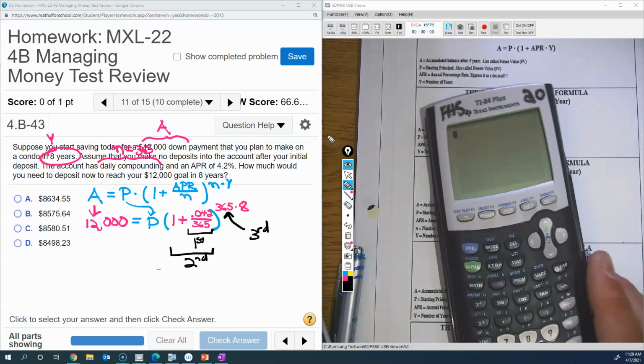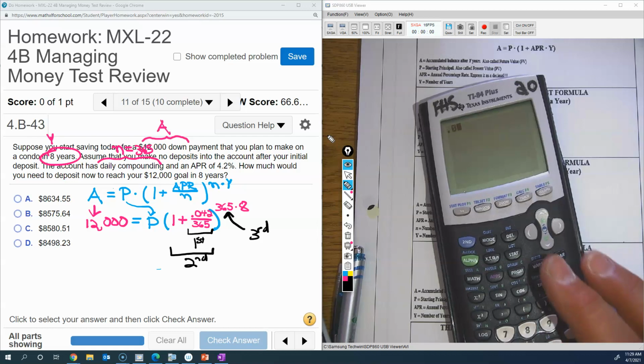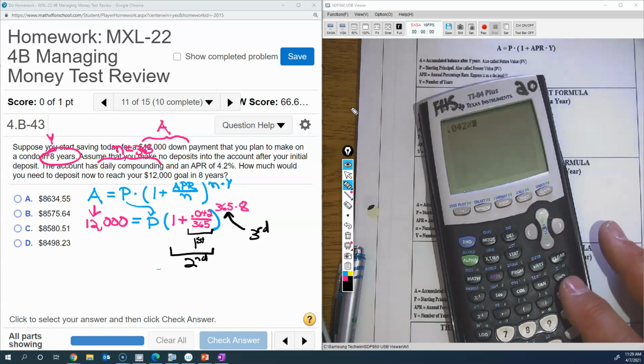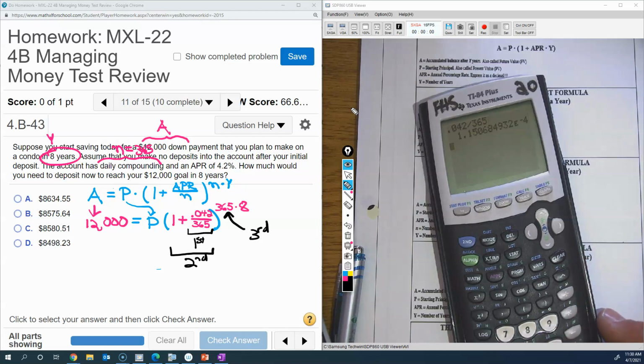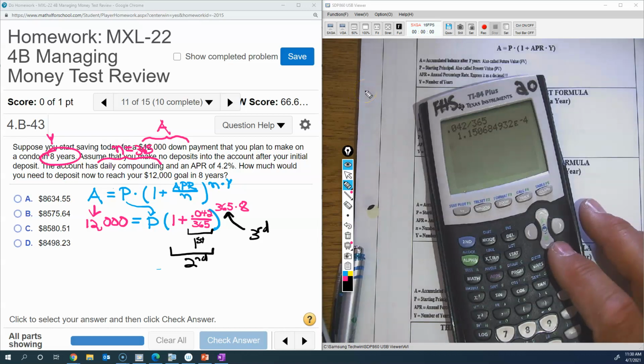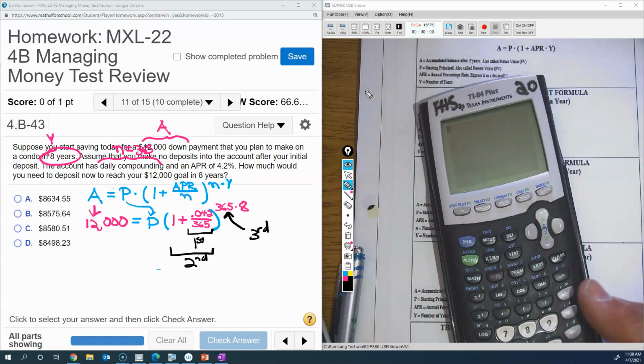So clear, get all that out, so 0.042 divided by 365. Okay, I'm going to double check that. 0.042 divided by 365. Now I'm going to add 1. Enter.